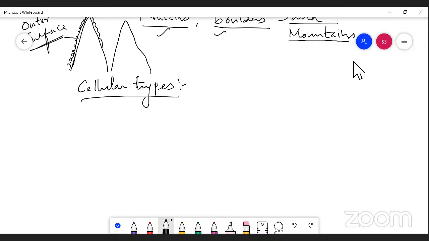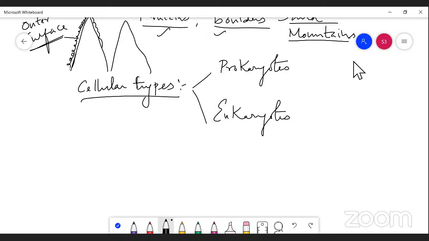The cell is the basic unit of life, the structural and functional unit of the living organism. Cells have two types, the prokaryotes and the eukaryotes.